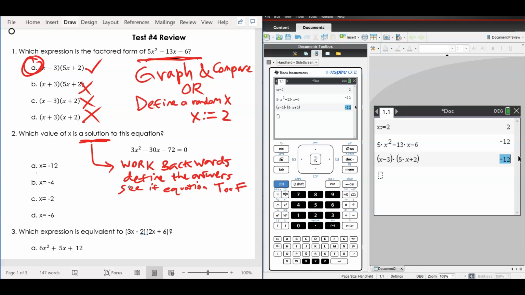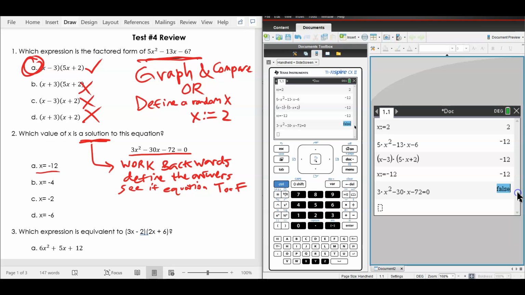Let's try x is defined as negative 12. So x, control, next to number 9, defined as negative 12, hit enter, and then type in this original equation, the whole equation. Don't forget to equal 0, hit enter.